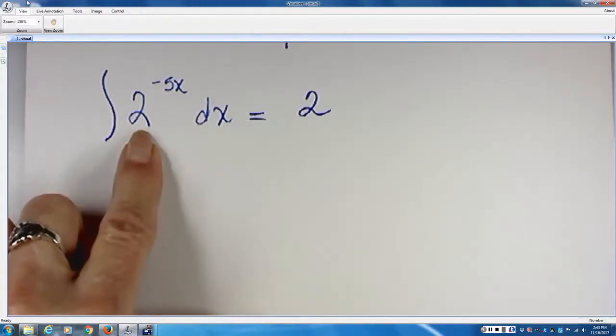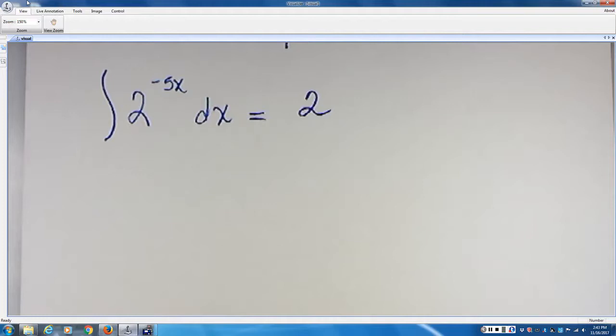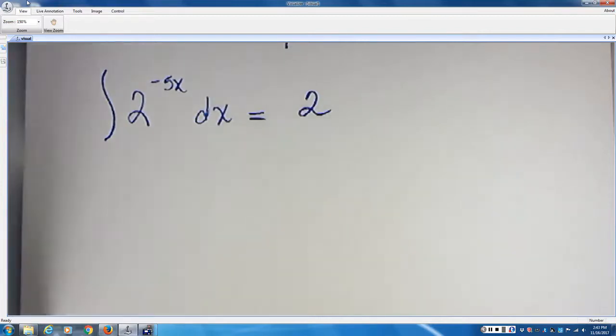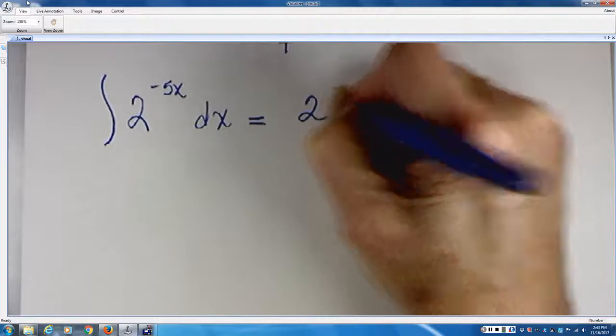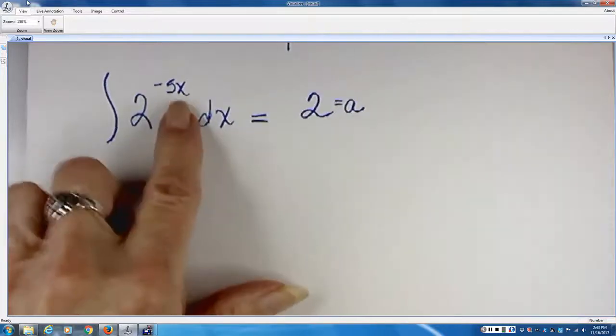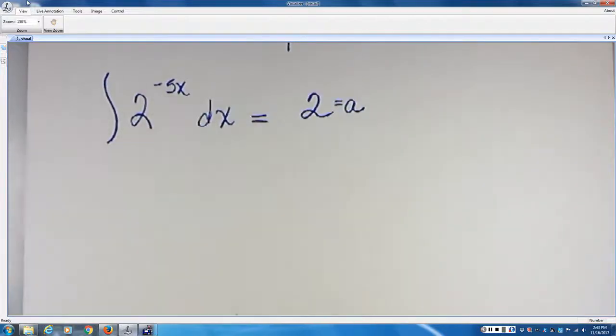Well, actually, it sort of is. Let's go back to the rules. Let me pull the rules back over here a second, just to remind you that this is an example of a. 2 is equal to a, and this is our power. So remember, we're going to have to divide by the natural logarithm of a.